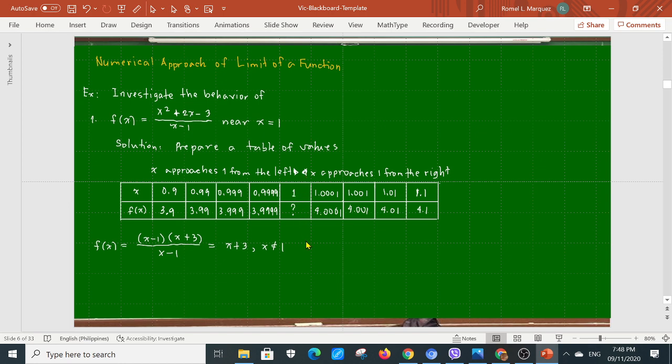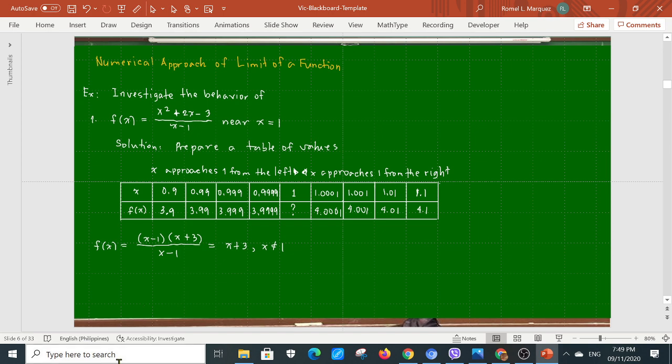Again, where do you think the function values approach? Guys, it's approaching 4. So, that is our conjecture.